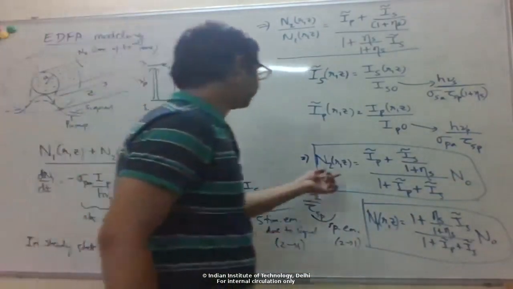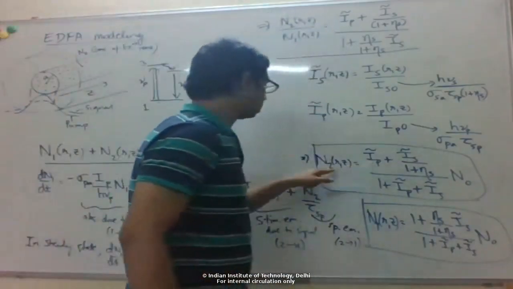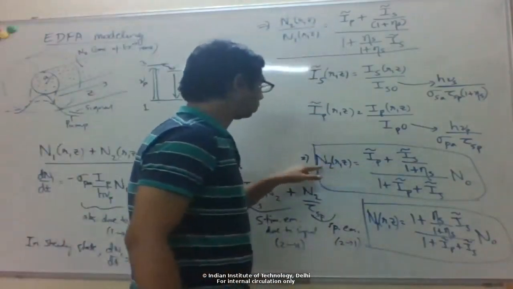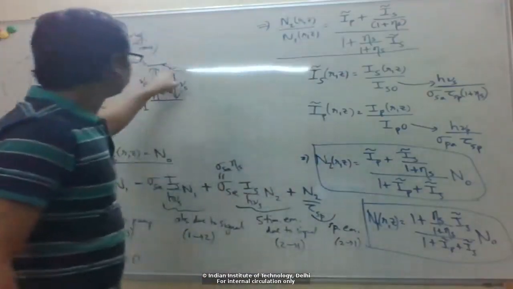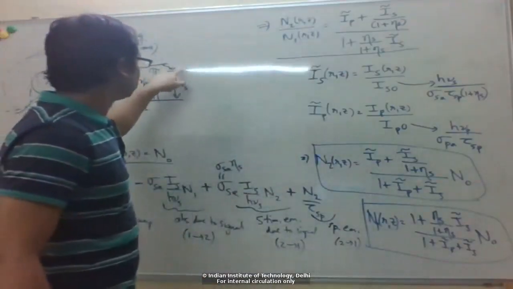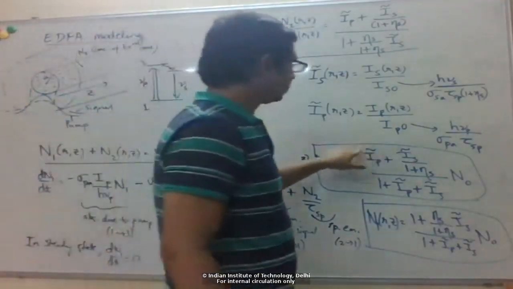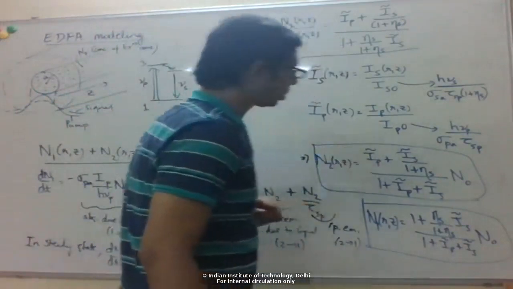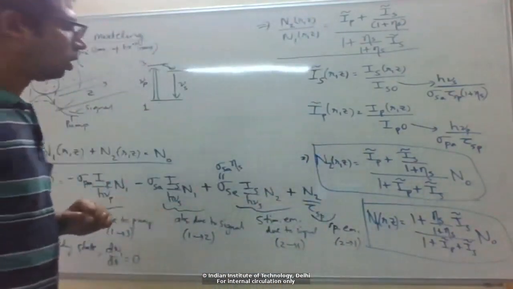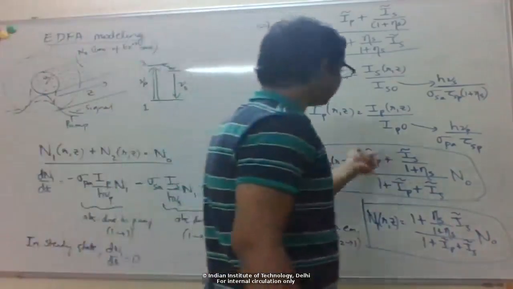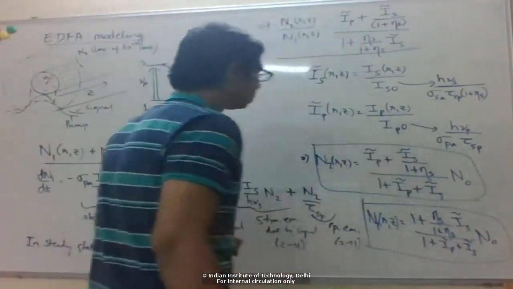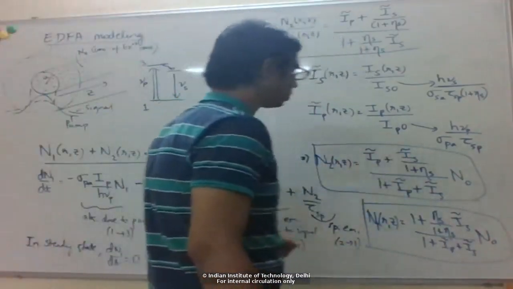So you can see that N2, the number of atoms in this excited state, scales with the pump intensity, right? But in some non-linear fashion, and that is also dependent on the signal intensity.